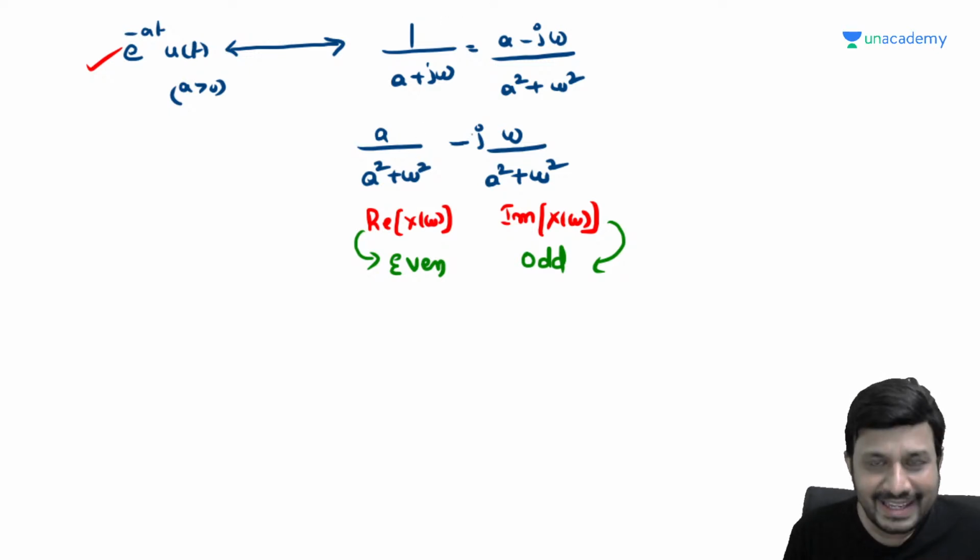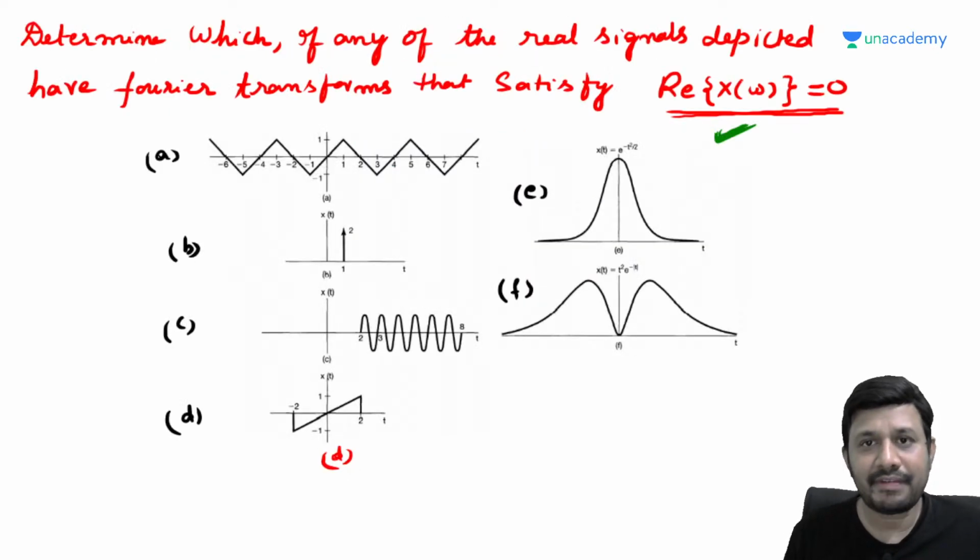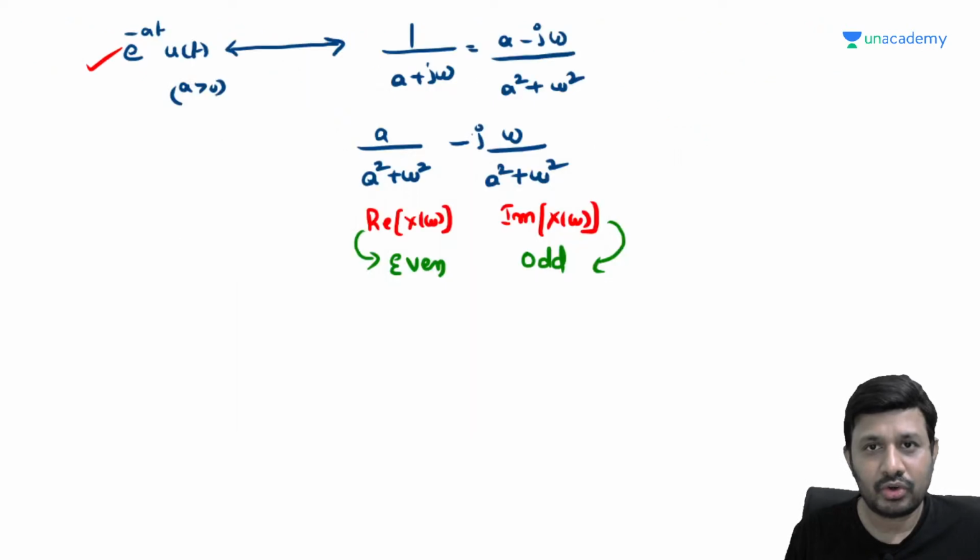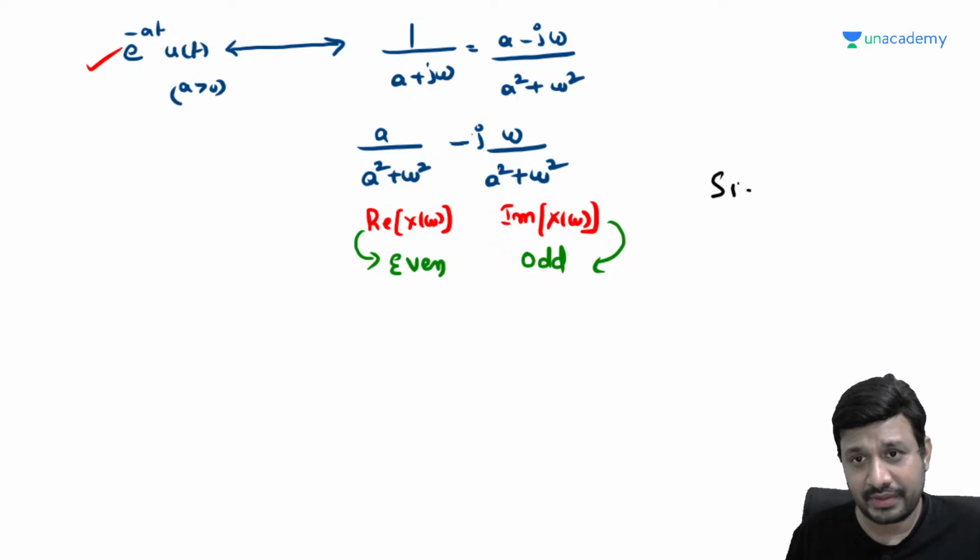Now what he said, real part of X of omega is 0. So real part of X of omega is 0 means in the Fourier transform we are having only the imaginary part, which is odd. We have many relations like this, and while discussing Fourier transform we will discuss this topic.